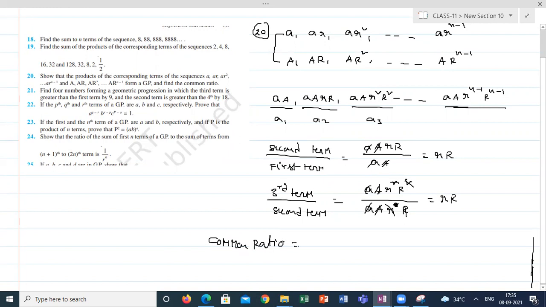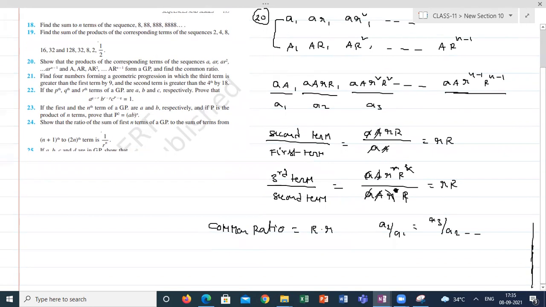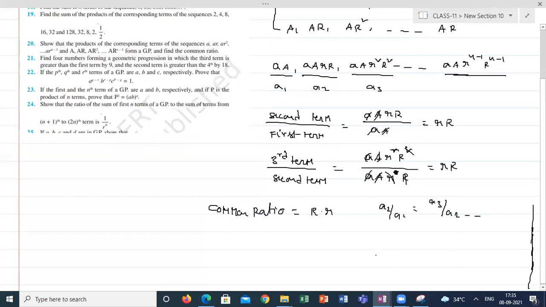I can see the common ratio of capital R into small r between A2 by A1 is equal to A3 by A2 and so on. Even if I take A4 by A3, I will get the same thing. So you can say the product of the corresponding terms are in GP with the common ratio capital R into small r. The above sequence will form a GP.